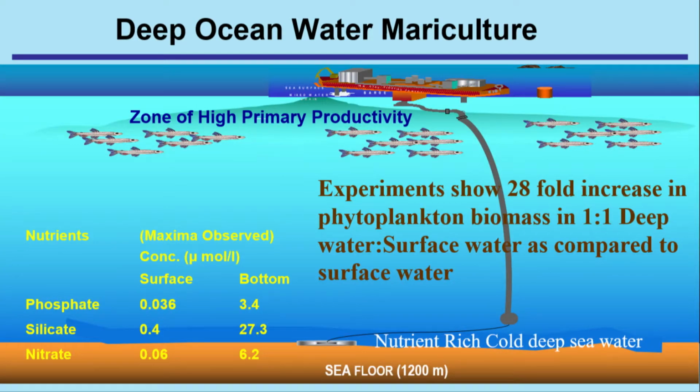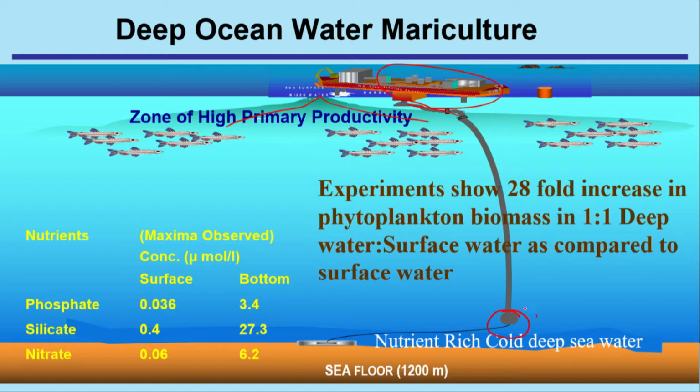Now, deep ocean water mariculture. You know that the water which is taken from the deep sea is full of nutrients. They are actually not utilized at all. So, when the cold water is pumped from a depth of nearly a kilometer, and then after using it for taking out the energy, etc., the water is let out at a depth which is quite shallow.